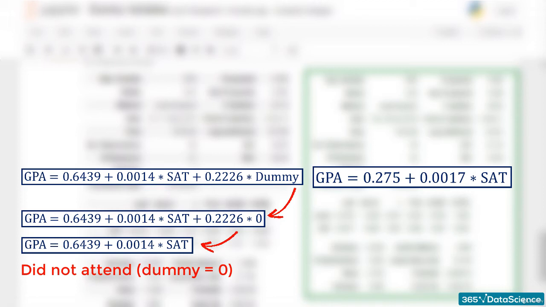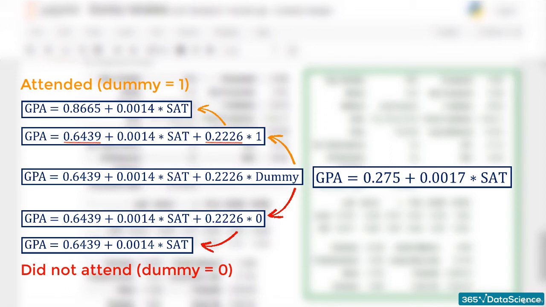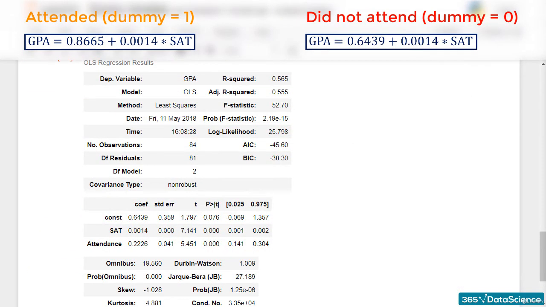If the student attended, the dummy will be 1, so the model becomes GPA equals 0.6439 plus 0.0014 times SAT plus 0.2226. Let's add the intercept and the dummy together. We get GPA equals 0.8665 plus 0.0014 times SAT.